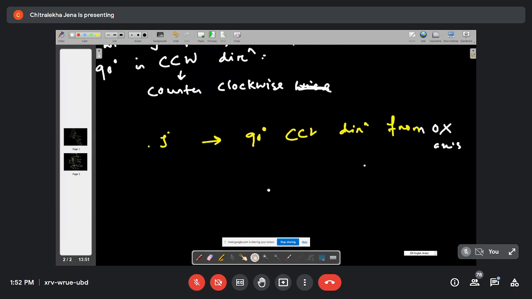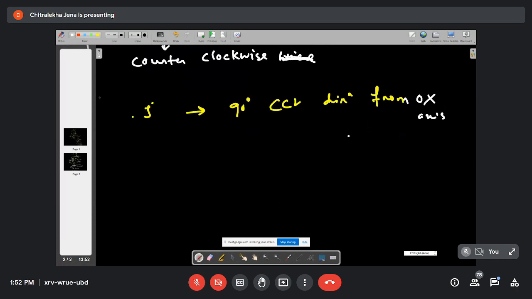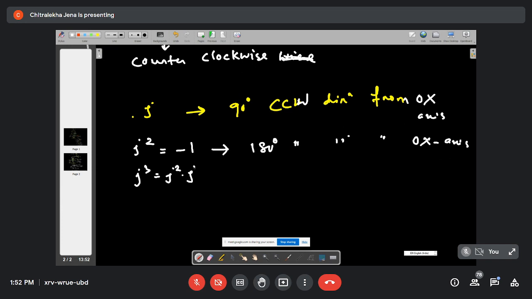Now if I multiply by j square, j square is equal to minus 1. This is rotated 180 degrees in counterclockwise direction from the OX axis. j cube is equal to j square into j, that is equal to minus j.